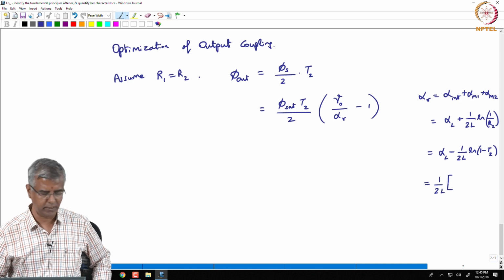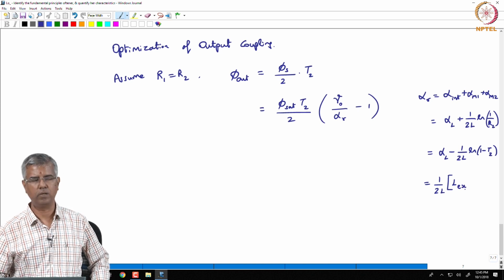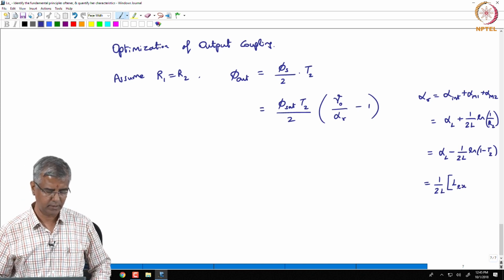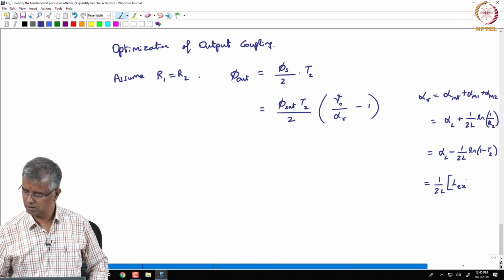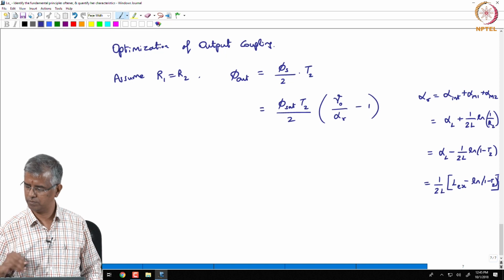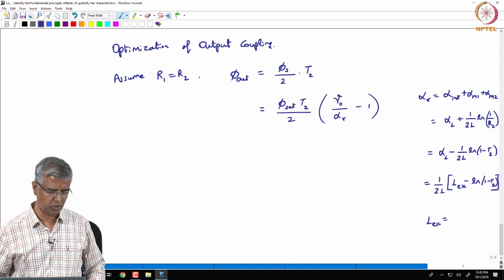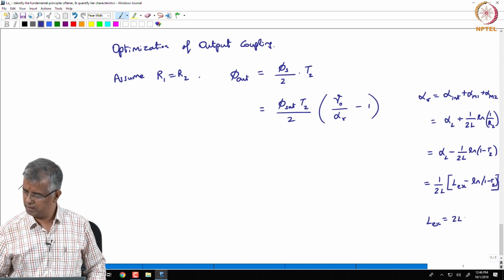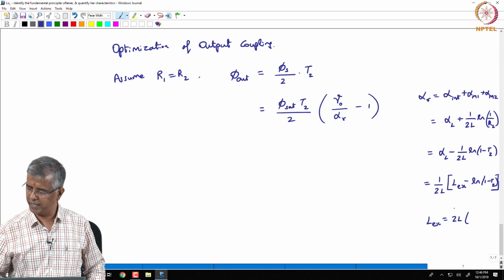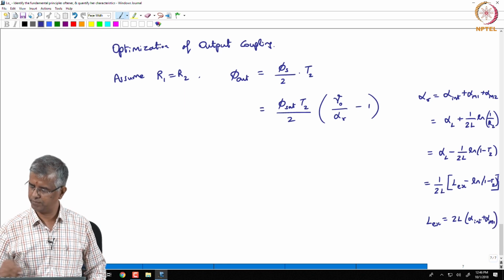Then what I have is some total loss, let me call that Lx, that is extra loss, minus ln of 1 minus T2, where Lx corresponds to 2L multiplied by alpha L, where alpha L corresponds to alpha int plus alpha m1.